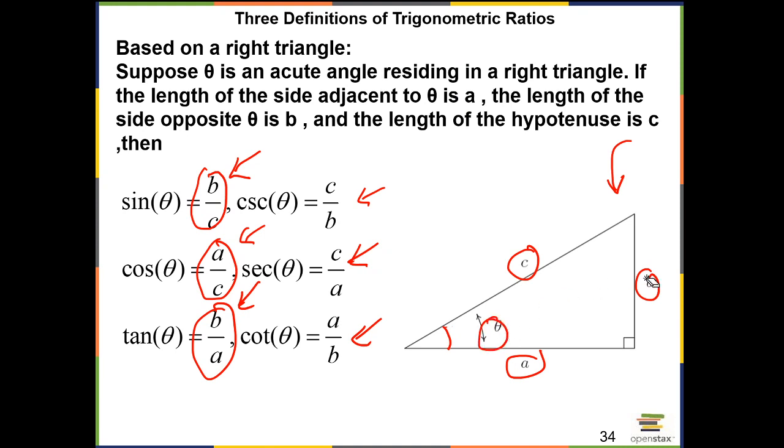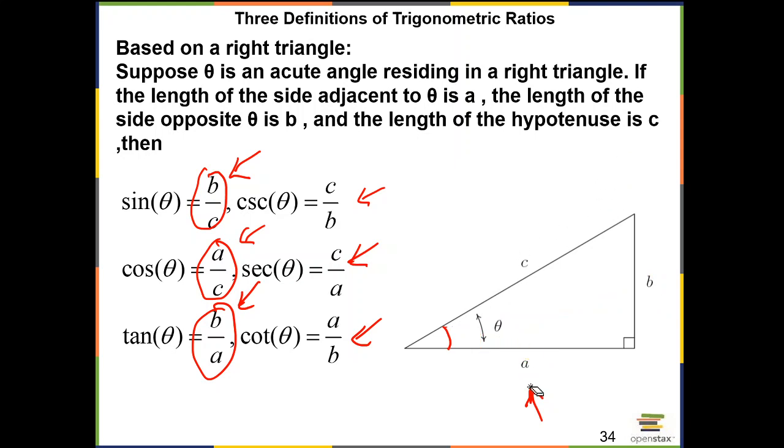And the sine of this angle is opposite over hypotenuse. Cosine of this angle is adjacent. Adjacent means right neighbor to it. But there are 2 of them that are adjacent. But this one has a name already. It's called hypotenuse. So when we say adjacent, we mean this one. So cosine is adjacent over hypotenuse, right?